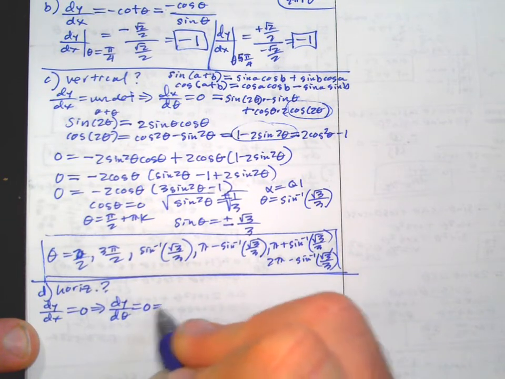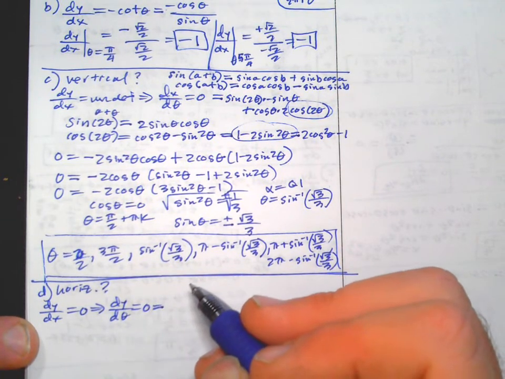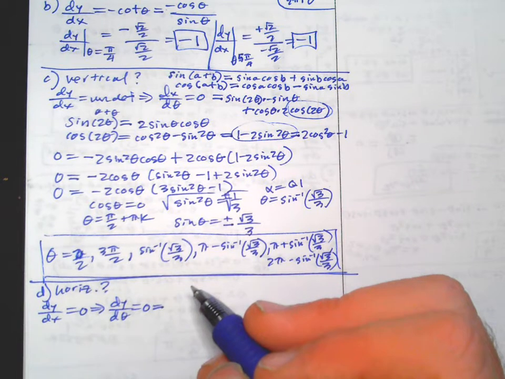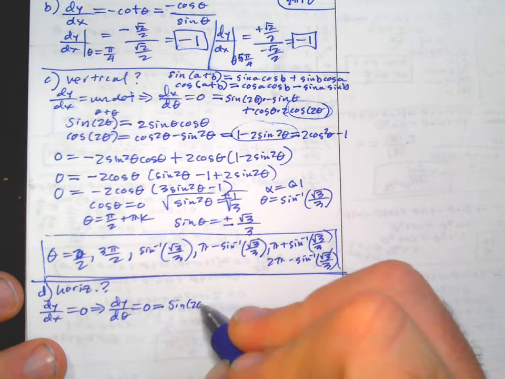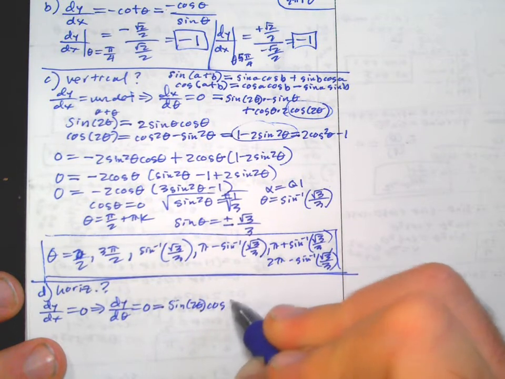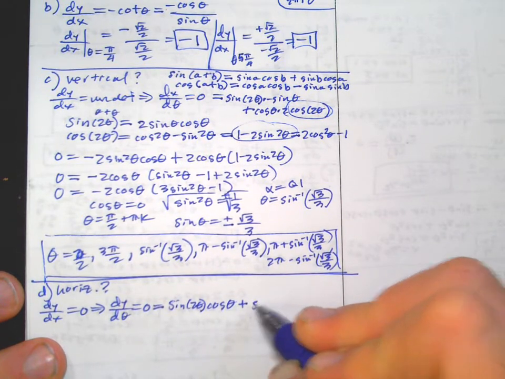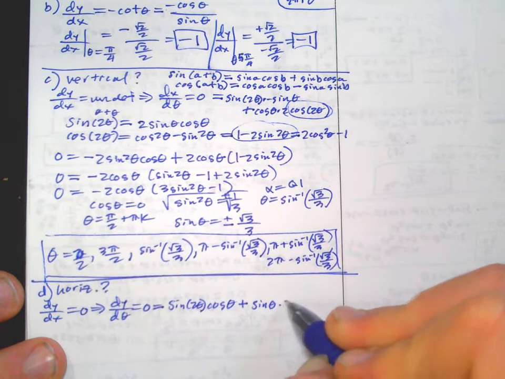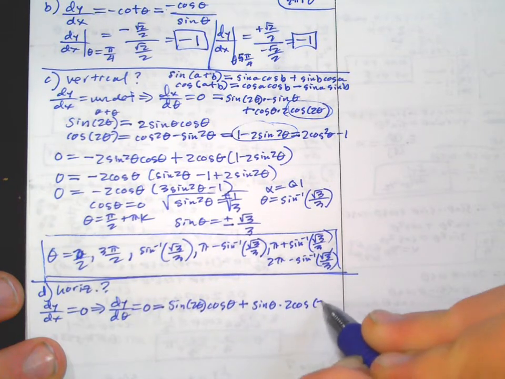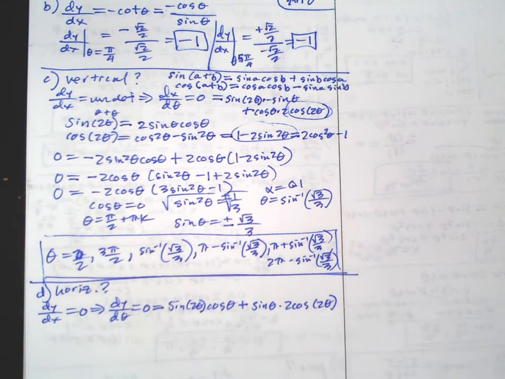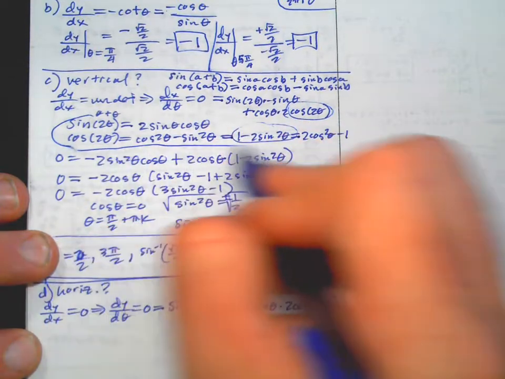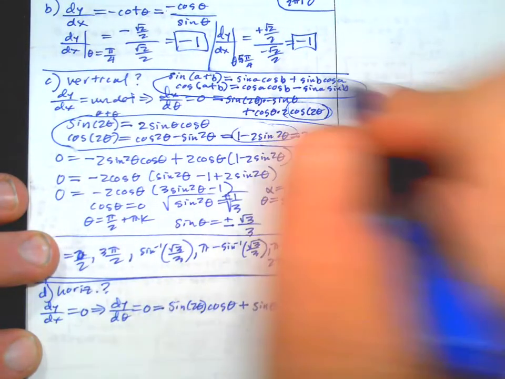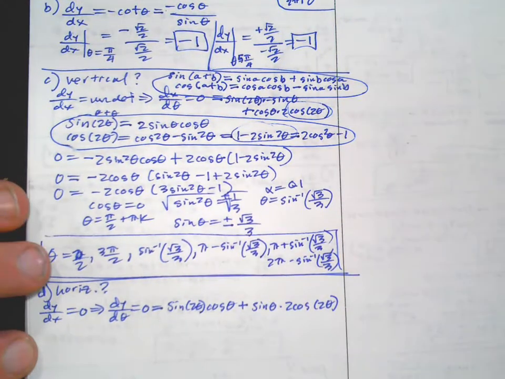And dy d theta is going to be sine 2 theta cosine theta plus sine theta times cosine 2 theta. So we're running into the same situation as last time, but we could use the stuff we wrote down here, these double angle trig identities.